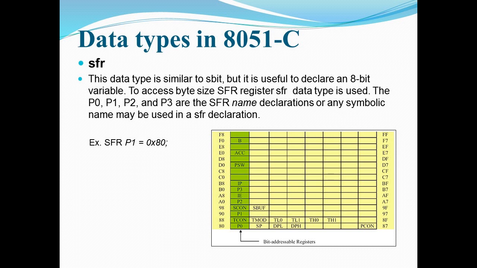In the example I have shown how this data type can be used. It has a prefix called SFR, and after that we have to give the name, that is P1, and we have to mention its address in hexadecimal, so P1 is equal to 0x80. As you know, this is the address of port 1. This data type is very rarely used because all the addresses are already mentioned in the header file.